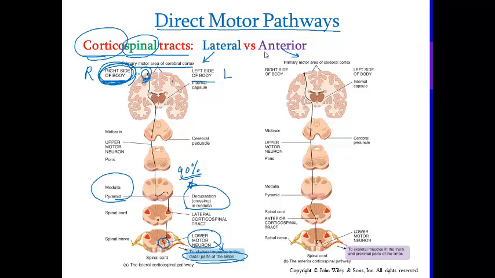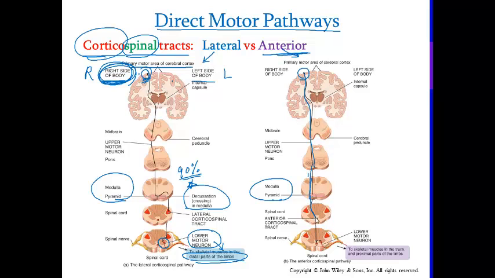Now let's take a look at the anterior pathways. So same, from the cerebral cortex, the upper motor neuron travels down. Now this time, they go through the pons, they go through the medulla, they go through the pyramid. So it's also happening through the pyramids, but they are not crossing over here.